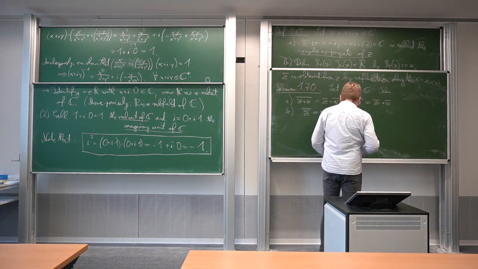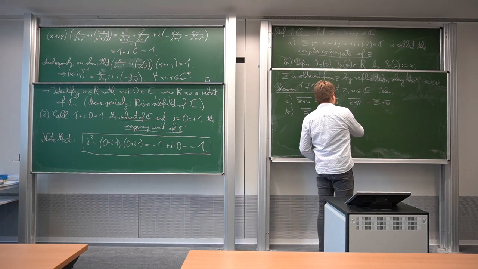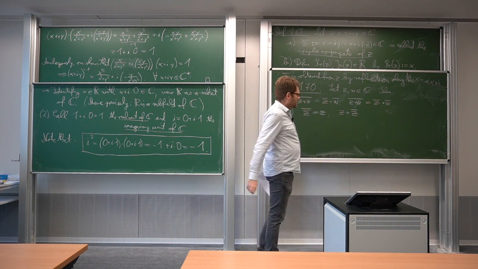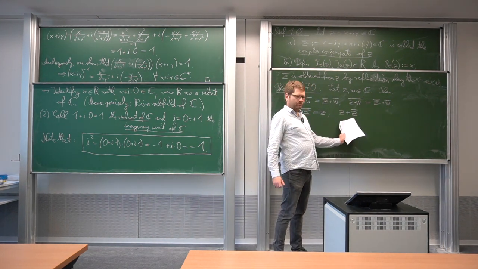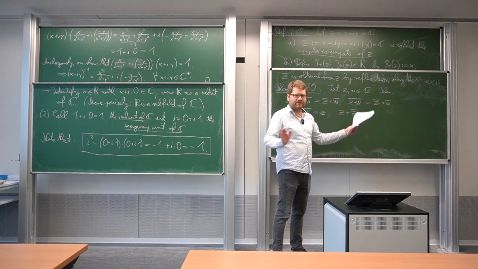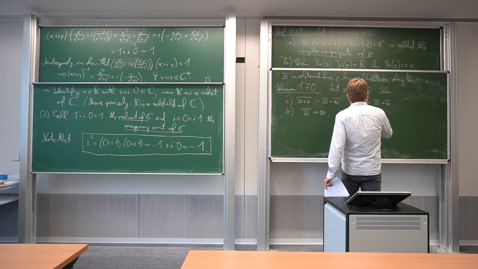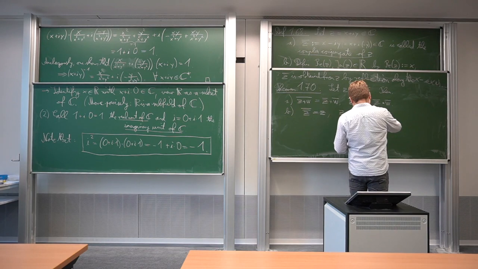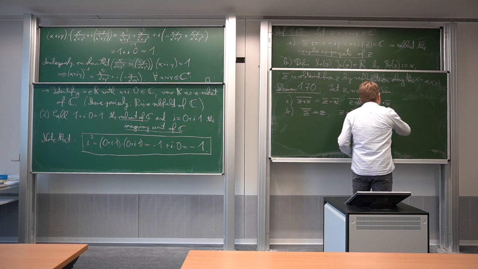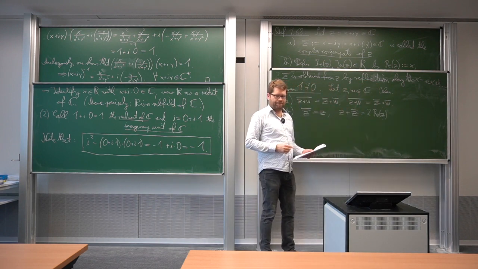Then what you can see from the formula quite directly, if we add z to its conjugate, the real part stays the same, so we get twice the real part, and the imaginary part here we get minus the imaginary part, so it vanishes. This means that this is nothing but twice the real part of z.